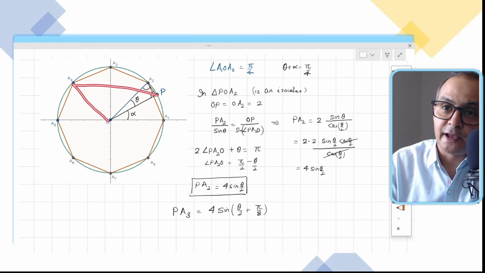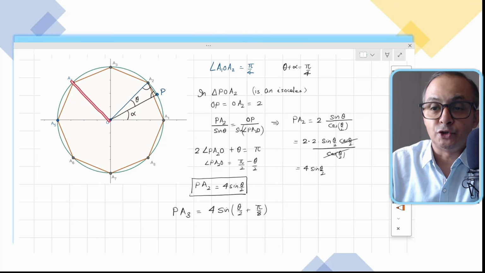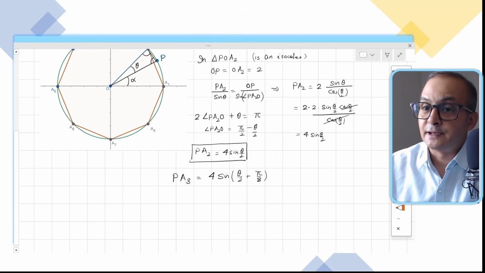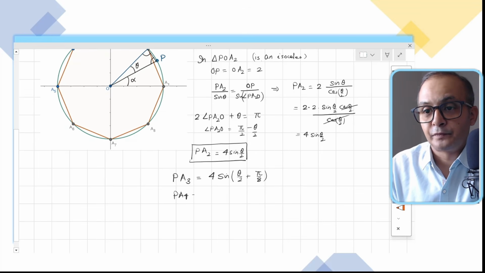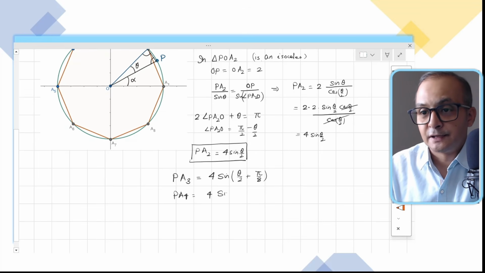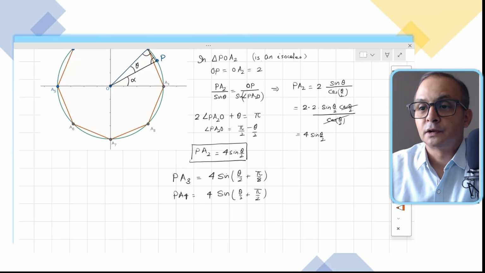In a similar way, if you proceed ahead, I will have PA4. You notice in PA4, theta is now exceeded by pi by 4 plus pi by 4, that will give you pi by 2. So can I write PA4 as 4 times sine of theta by 2 plus pi by 4?